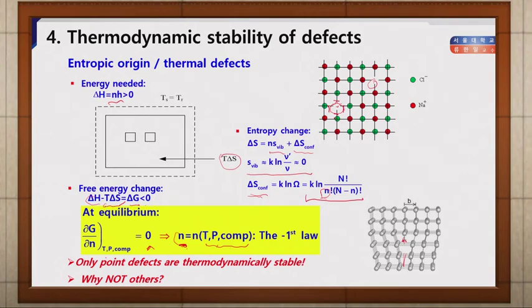Therefore, even at the melting temperature of your system, your T delta S can hardly exceed the enthalpy term. Therefore, higher dimensional defects are normally not thermodynamically stable. So only point defects are thermodynamically stable, and the other higher dimensional defects are not.